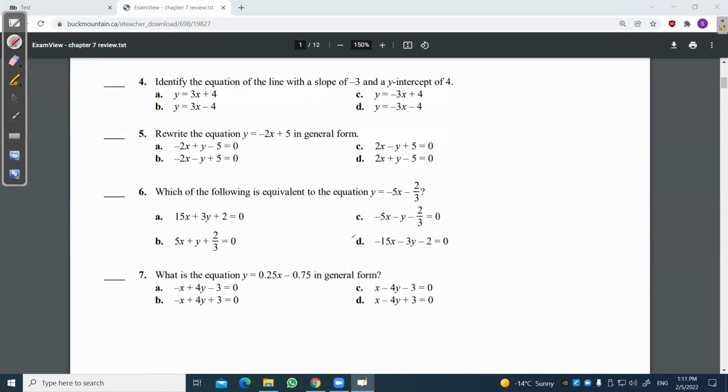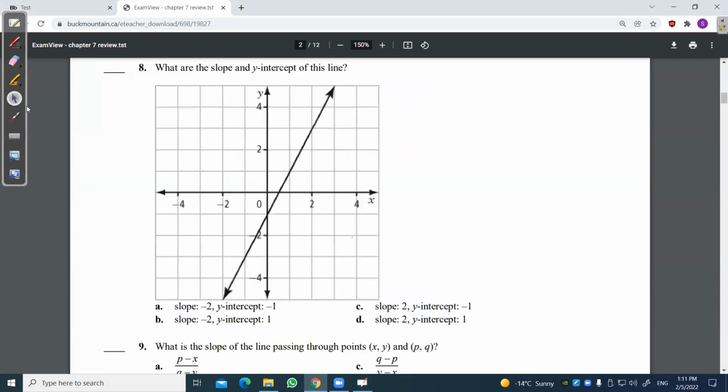It's going to become a positive 5x, right? And how do you take this, the 2/3, to the other side? It just becomes 2 over 3. Yeah, it becomes positive, right? So the answer is B. Okay, we don't have to keep doing these.